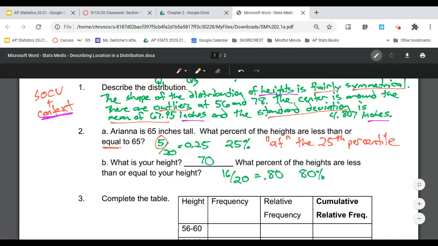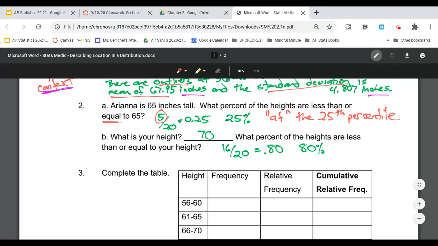Okay, so percentile is the percent of the data that is below you or equal to you, at you or below. Okay, and then the next one I did for my own personal height. I'm 70 inches tall, so for me that puts me at the 80th percentile. Your number likely looks different unless you happen to be my height.